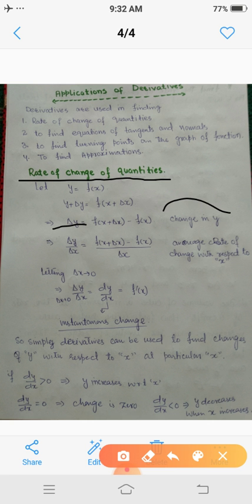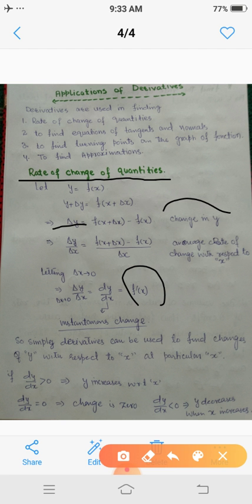Now when we divide this equation by del x, we get del y upon del x is f of x plus del x minus f of x upon del x. So this is the average change in y. Now when we let del x tend to 0, we get dy by dx by the definition of derivative, or by the first principle, which is simply denoted by f dash of x.